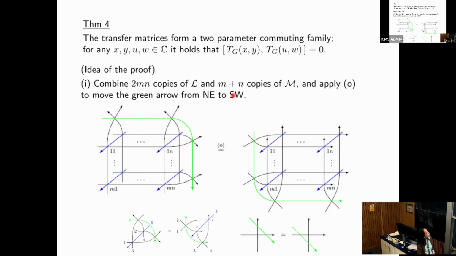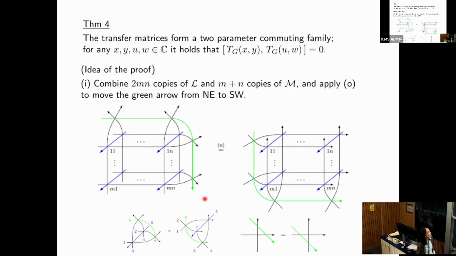So we set m plus n copies of M at the northeast boundary, and we move this green arrow to the southwest by using this one by one. Then in this case, because the directions of all black arrows are unified, they are all the same, we only use the ordinary type like this, and we move this green arrow gradually to this place.